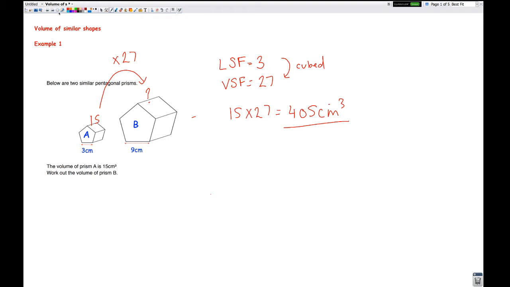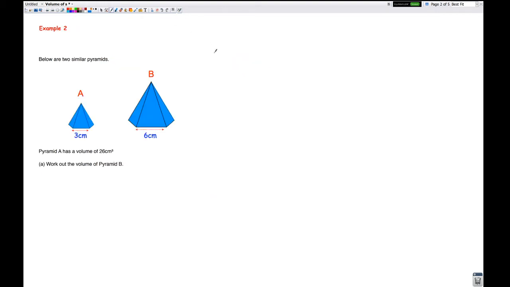Another really similar example. Here we've got the two lengths, so we can find out the length scale factor. This is the bigger length divided by the smaller length, 6 divided by 3, which is 2. Now the volume scale factor: we cube 2 to get the volume scale factor. I'll write this here just to remember. 2 cubed, 2 times 2 times 2, is 8.